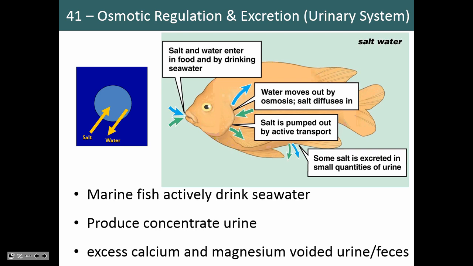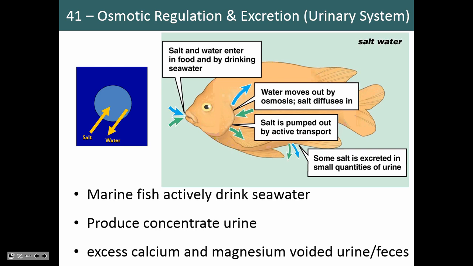Even though they're bringing salt with that water, they're going to actively drink. And then they're going to have special mechanisms at the gill to pump salt out. So they're bringing in some of that salt as they're drinking, and then they're pumping their excess salt out through their gills. They're also going to lose water via osmosis at the gill surface and gain salt. So they're going to have to constantly counter that.